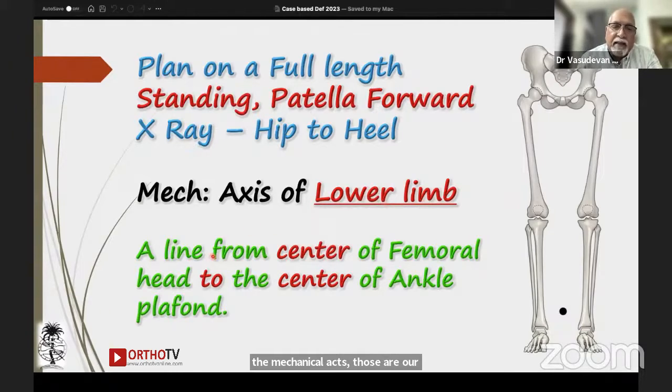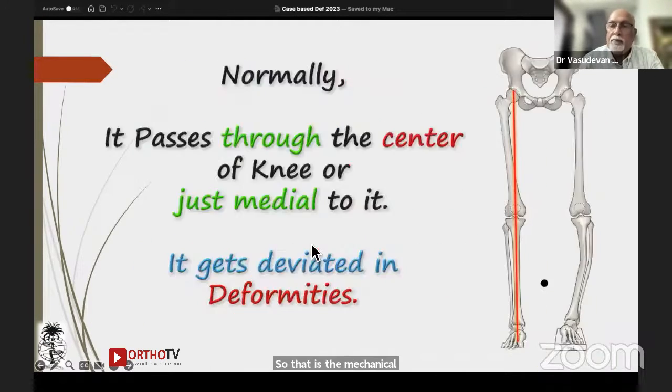The mechanical axis is a line from the center of the femoral head to the center of the ankle plafond. So that is the mechanical axis. Normally it passes through the center of the knee or just medial to it. It gets deviated when you have a deformity.